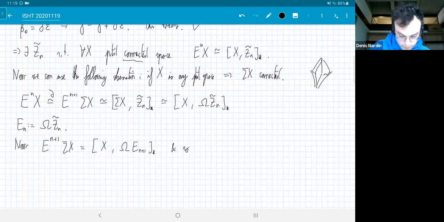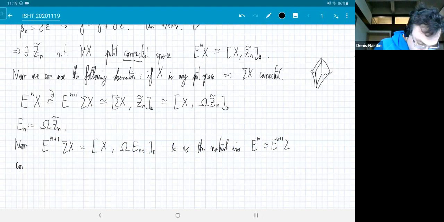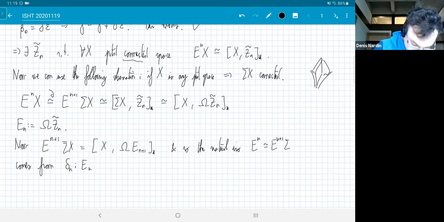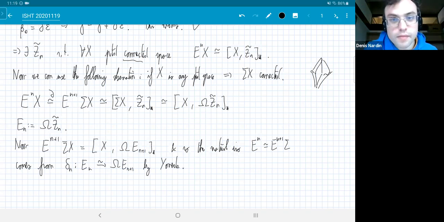And so by the natural isomorphism, E^{n+1}(Σ) comes from δ_n, by Yoneda. And this ends the proof of the corollary.